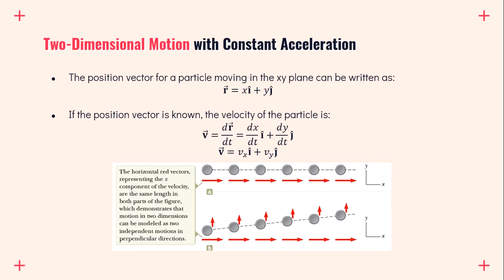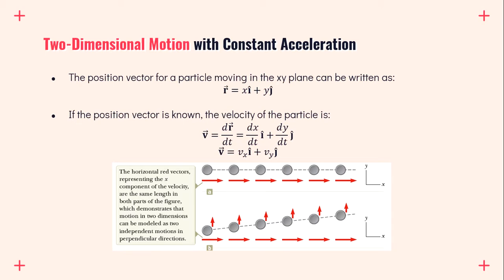So in this figure, as you can see, the horizontal red vectors representing the x component of the velocity are the same length in both parts of the figure, which demonstrates that motion in 2 dimensions can be modeled as 2 independent motions in perpendicular directions.